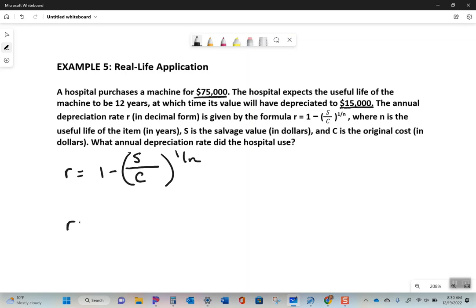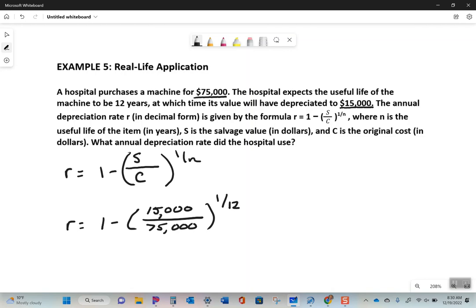We're going to have our rate equal to 1 minus. Help me out, friends. What's S? What's the salvage value? How much is it worth after 12 years? So this would be $15,000. What was the original cost, friends? To the 1 over N power, which would be 1 over, how many years did they use this useful life? 12 years.